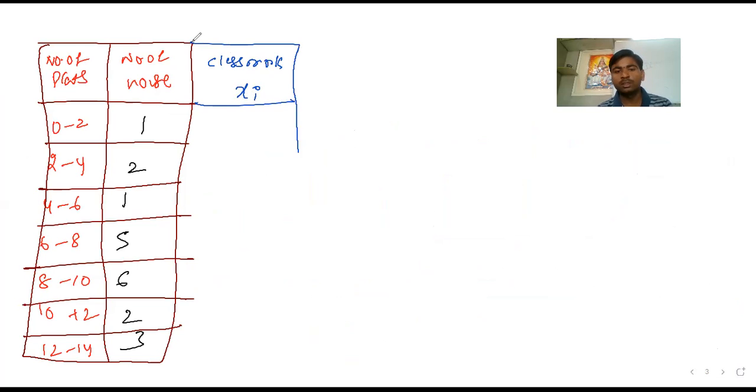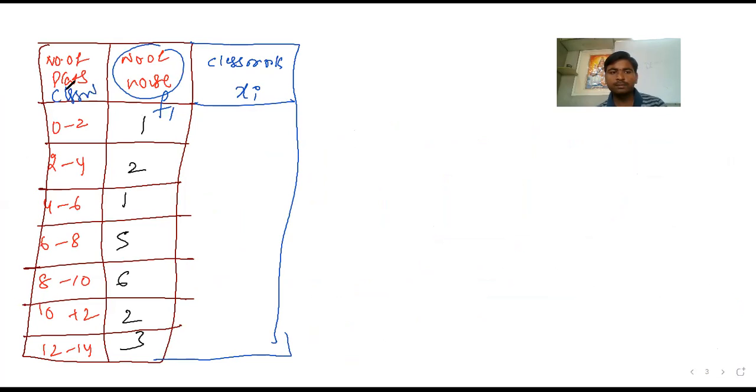This is the class interval, and this is the frequency f. This is the class mark, and we need to create it. For the class 0 to 2, 0 plus 2 by 2, the answer is 1. The class mark is 1. Next, 2 plus 4 by 2.